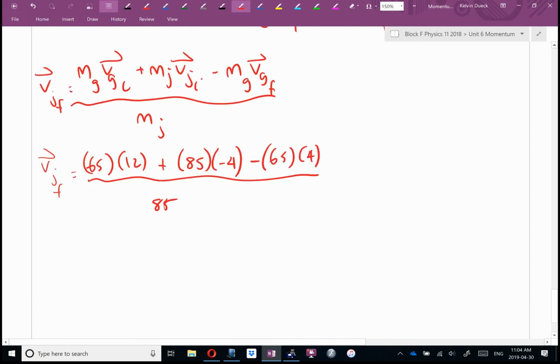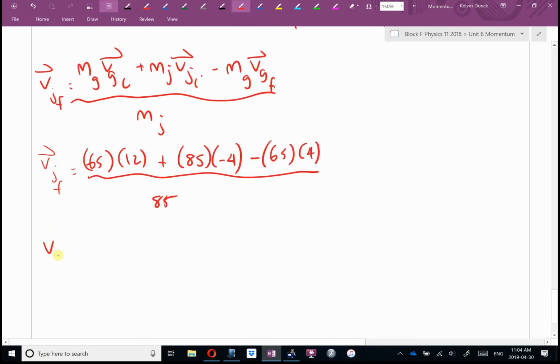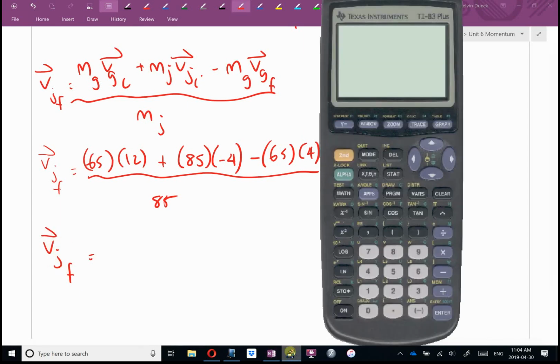I don't know who's going to win this collision at all. The final velocity of Jim is going to be bracket 65 times 12 plus 85 times -4 minus 65 times 4, close off the top, divided by 85.